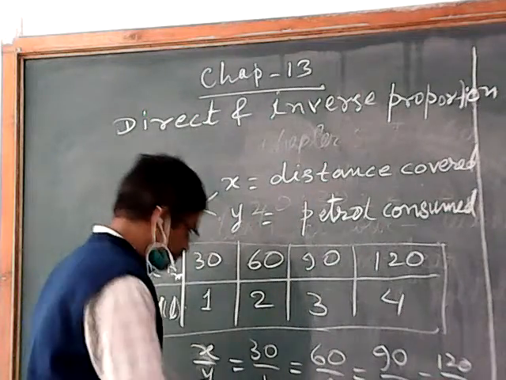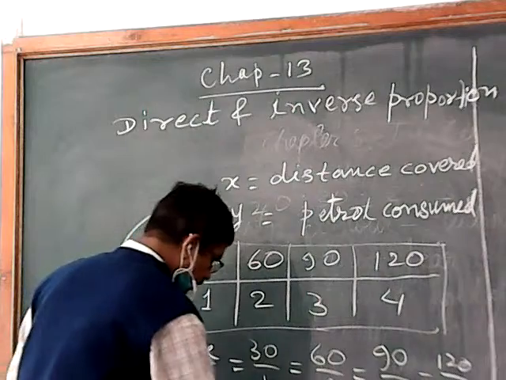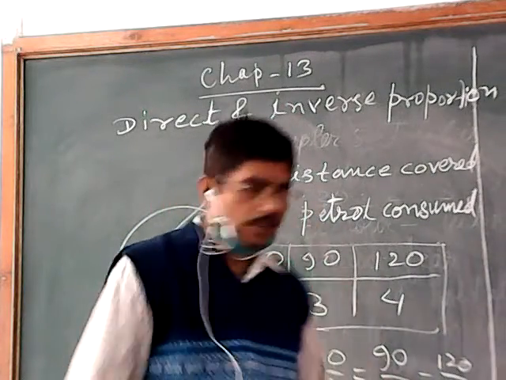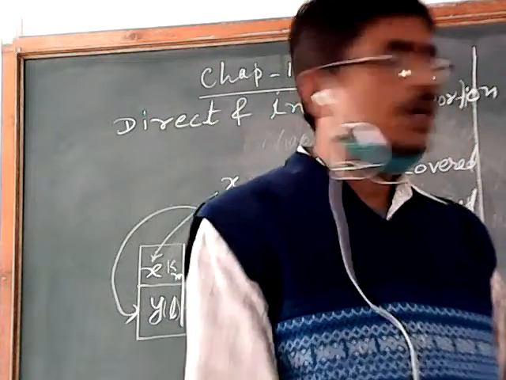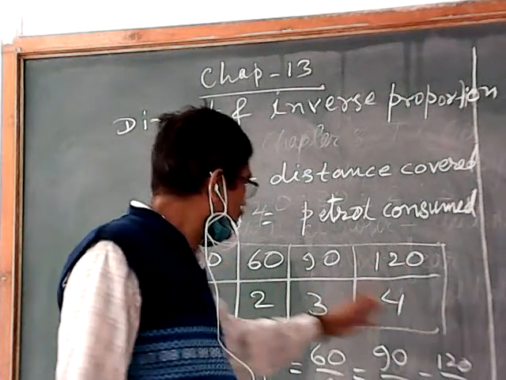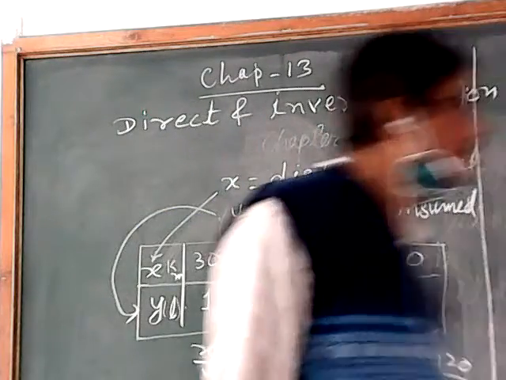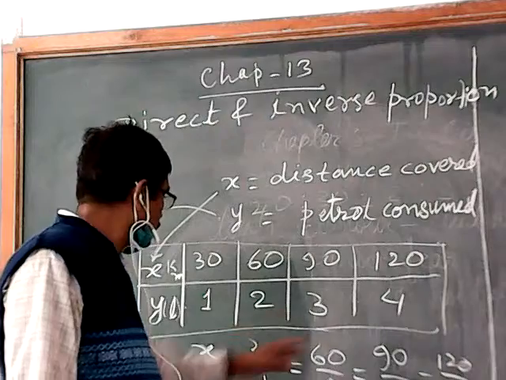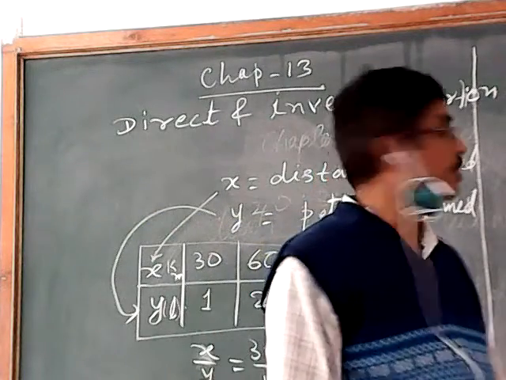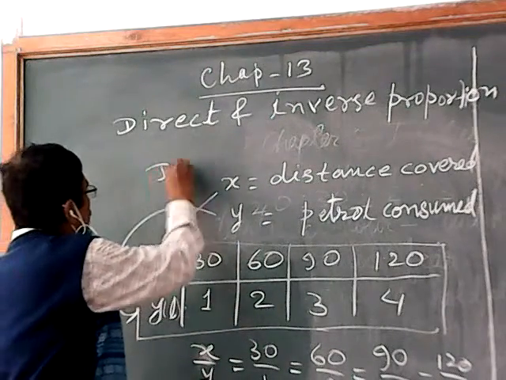These are equal and equal to 30, a constant. A constant is a fixed value. So whenever these different ratios give a constant value with these variables, then it is called direct proportion. So this is an example of direct proportion.